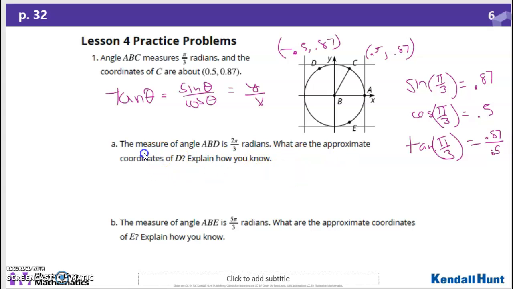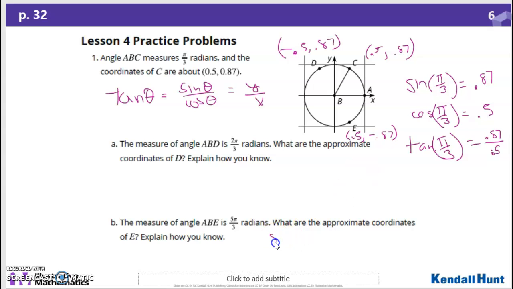Okay, so here in question A, then they ask where D is, which is what I told you up there. And then finally in this question, they want to know where E is. And if you check symmetrically, it would be reflected over. So E would be at 0.5, negative 0.87.